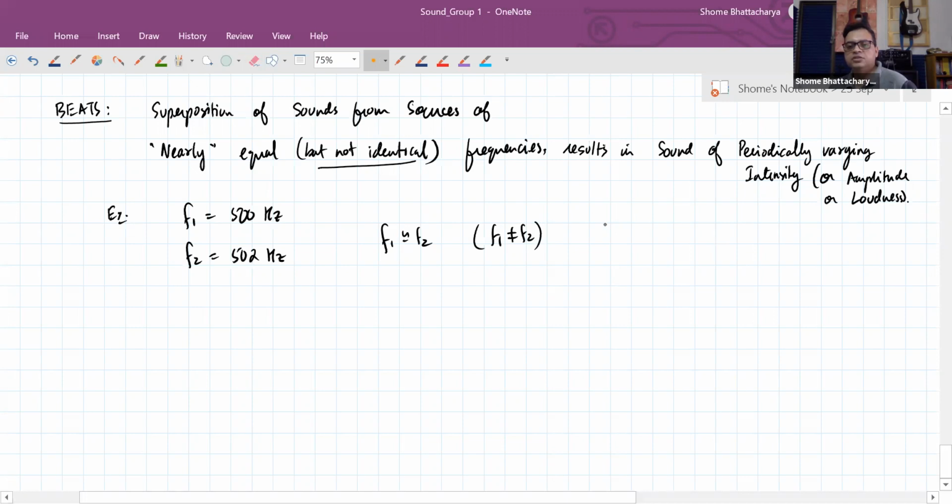So this effect is called beats. This periodically varying intensity of sound that we hear, this effect is called beats.